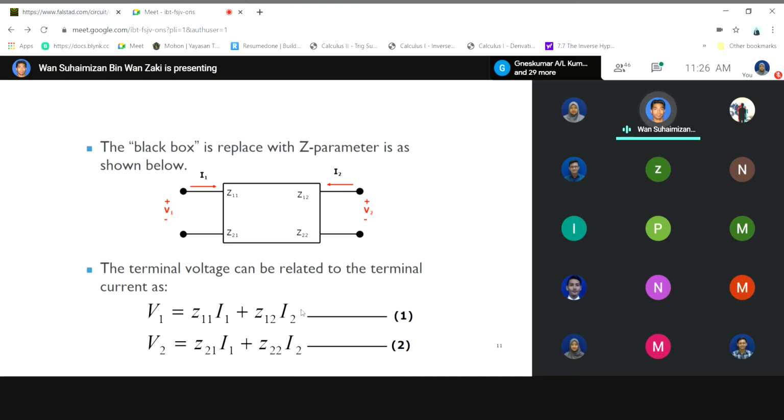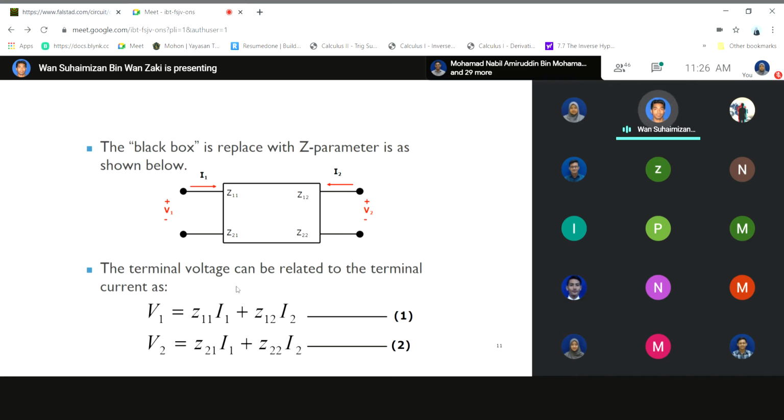If we represent the black box with the Z parameters, it is like this: we have the two-port network with Z11, Z12, Z21, Z22. The equations that represent the Z parameters are V1 equals Z11 I1 plus Z12 I2, and V2 equals Z21 I1 plus Z22 I2.